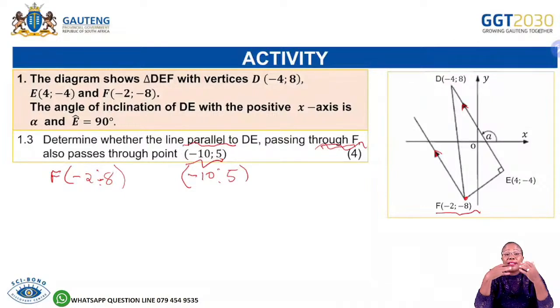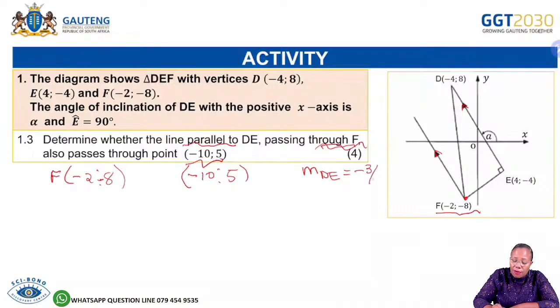And they say this line is parallel to the line DE. Is it also passing through -10 and 5? If it is passing through -10 and 5 and is parallel, that means the gradient must be the same as the gradient of DE. You still remember that the gradient of DE we have already calculated as -3/2.